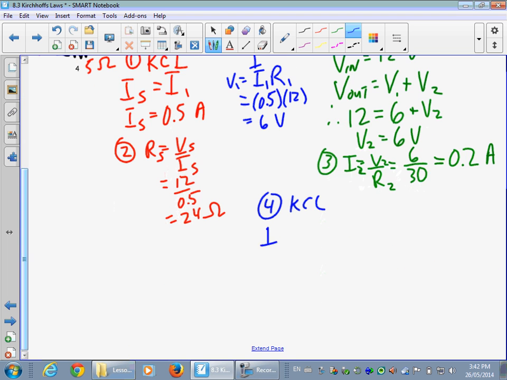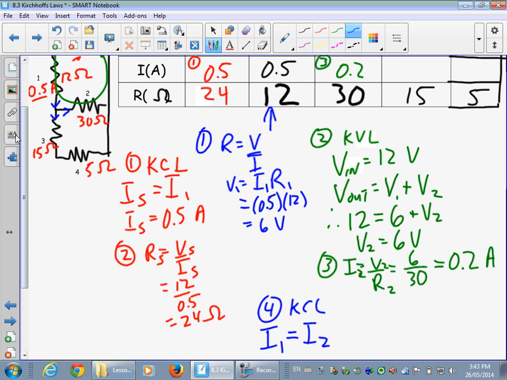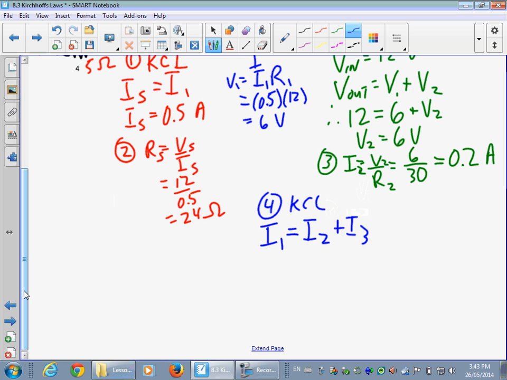So I1, the current coming out of I1, that's the current going in. The current coming out is going through I2 plus the current going through I3. So 0.5 amps is equal to 0.2 amps plus I3, which means I3 is equal to 0.3 amps.